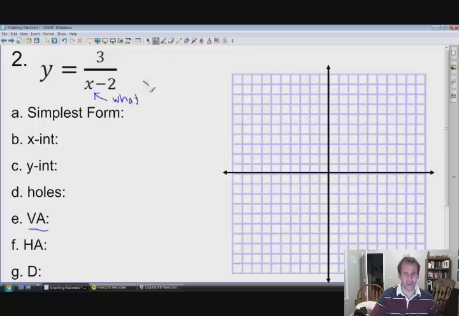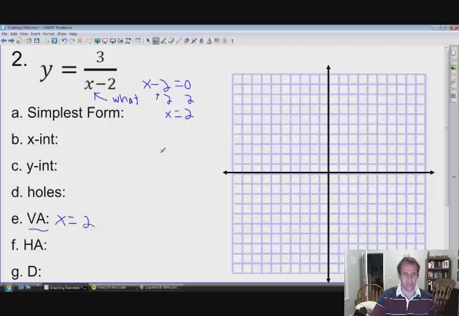So we're going to take x minus 2, the denominator, and set it equal to 0, and then find out what x is. That'll be your vertical asymptote. So we're going to add 2 to both sides. There we go. So you guessed it, x equals 2. So that means our vertical asymptote is going to be x equals 2.